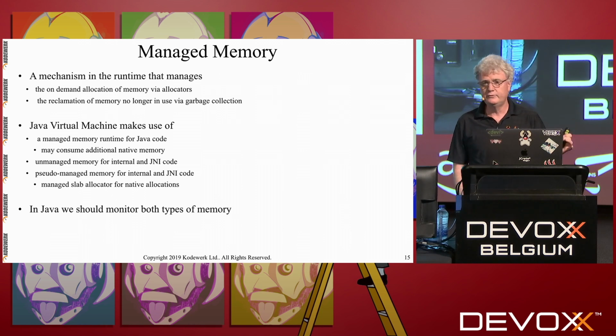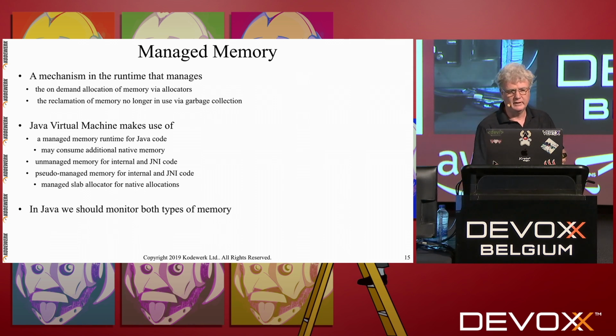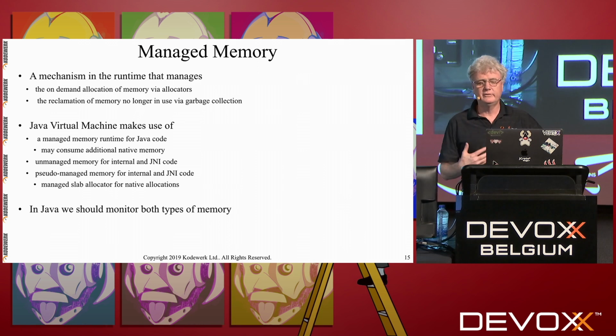Whenever you say new foo, you're going to allocate foo into Java Heap most of the time. You're going to keep a reference to this, and when you drop the reference to it, this stuff can get cleaned up. So it is the JVM that's helping you manage memory, and hence the term.